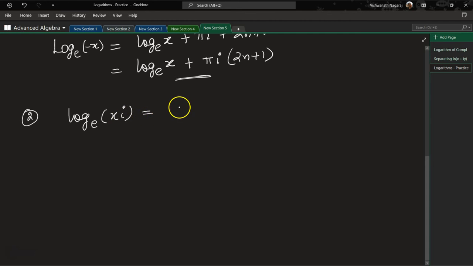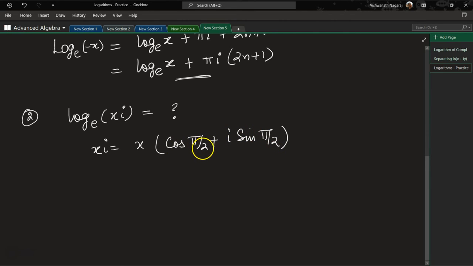So we have to figure out what it is. xi is equal to x times i, and that i can be written as cos pi by 2 plus i sin pi by 2. Now, what is cos pi by 2? It is 0. Sin pi by 2 is 1. So i. So xi. They are both equivalent.